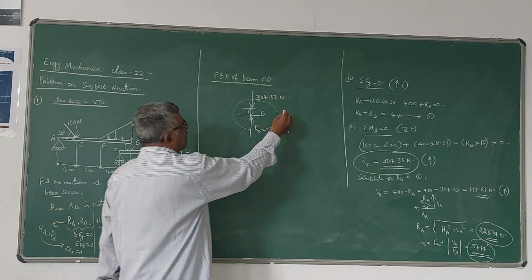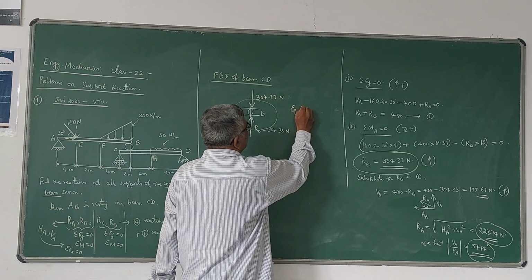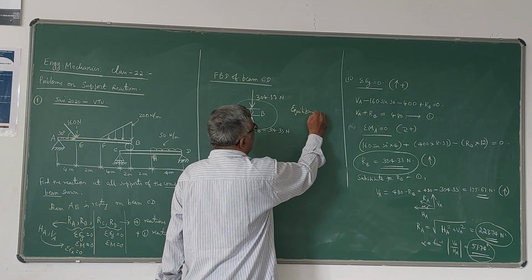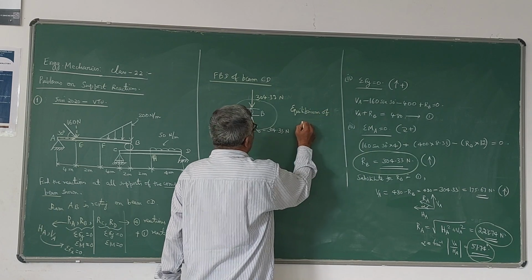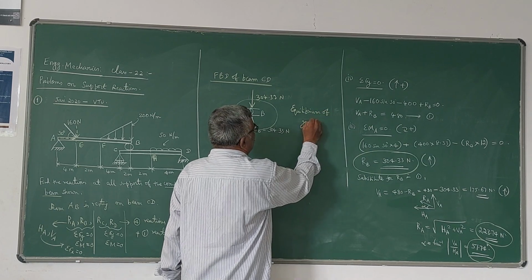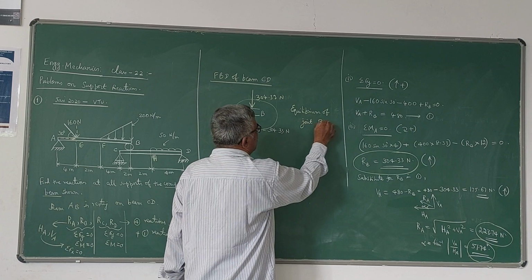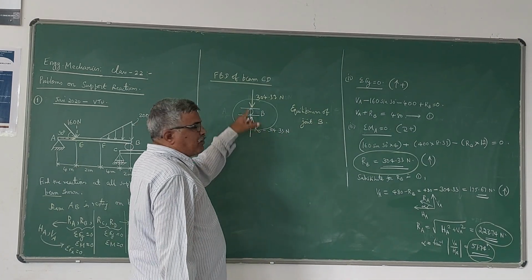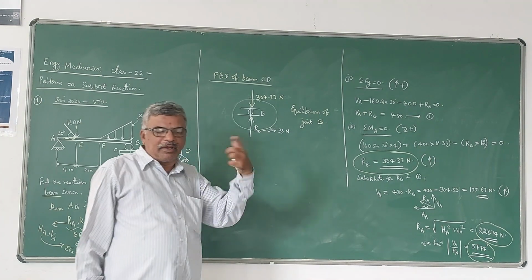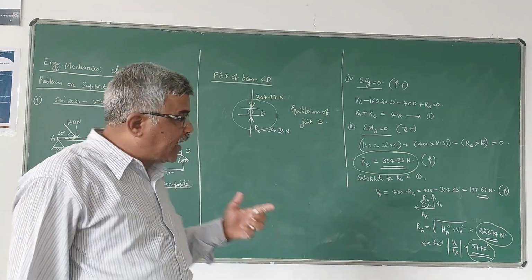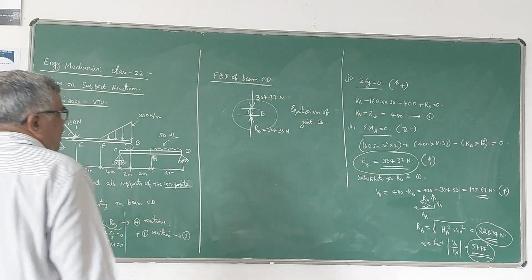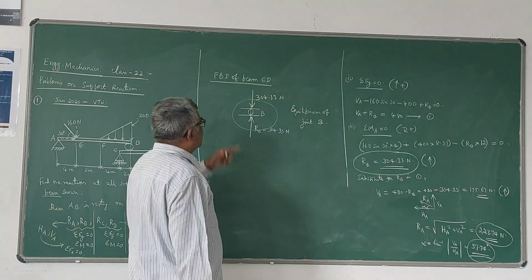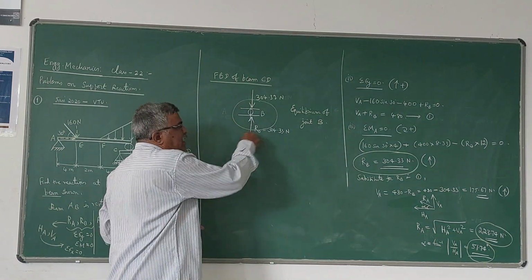So for the equilibrium of joint B, since a reaction of 304.33 Newton has been developed at B by considering beam AB, that reaction would act as a force at the same joint B acting downwards to have the equilibrium.